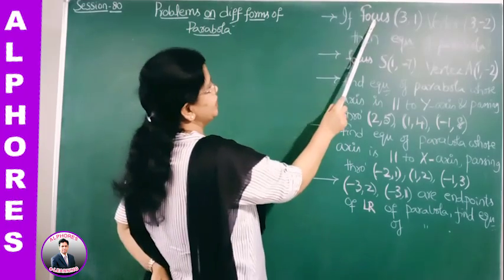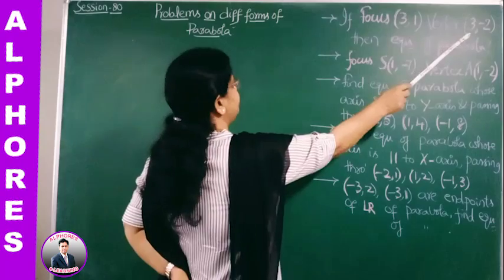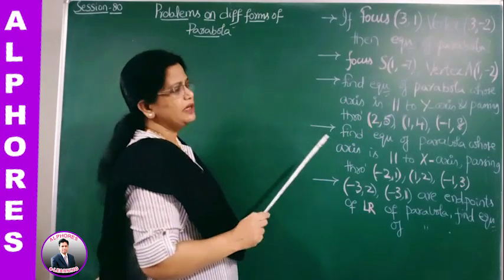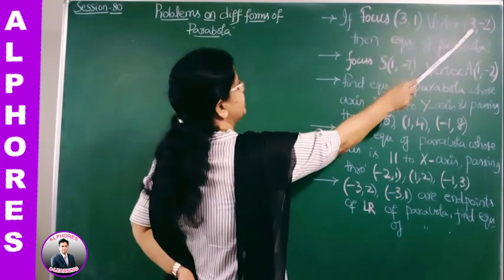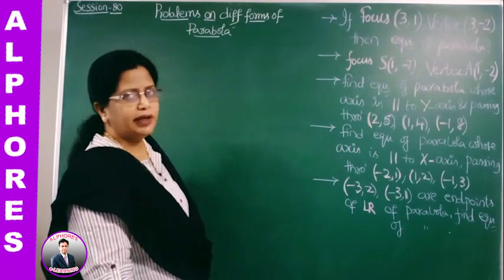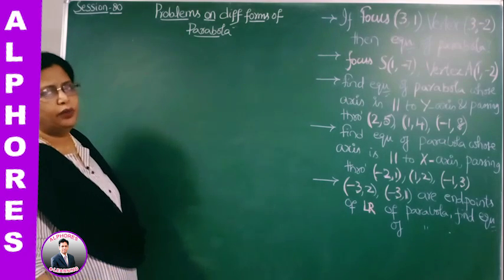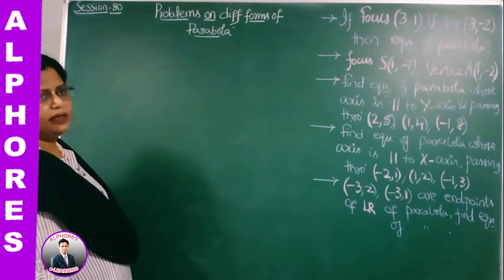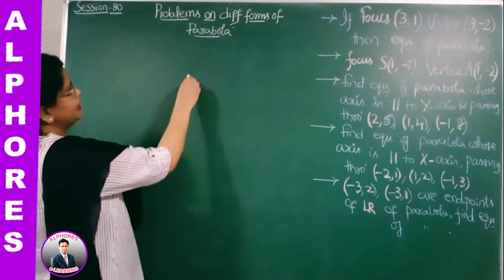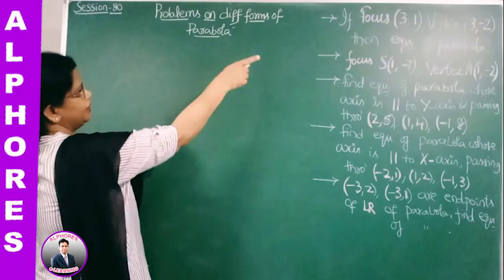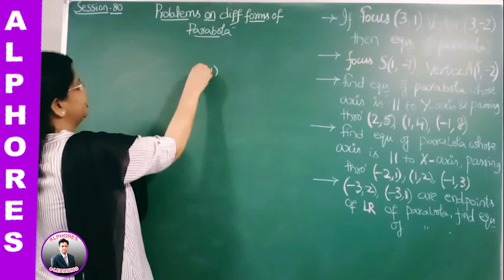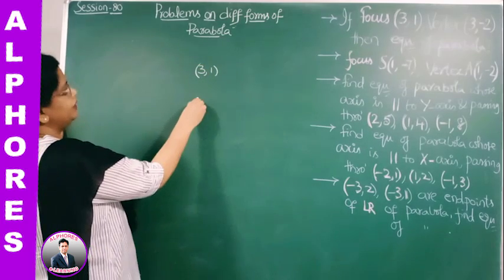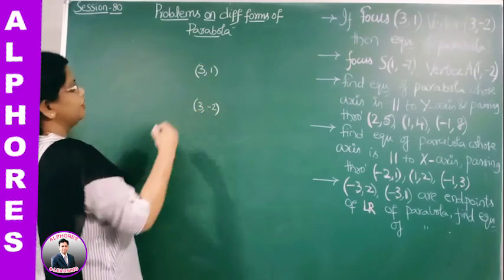Before you start any method, just observe how the given points are. In these points the abscissa is the same. When the abscissa is the same, then what about that particular line? The abscissa is coming the same, that means 3, 1 and the other point is 3, -2.